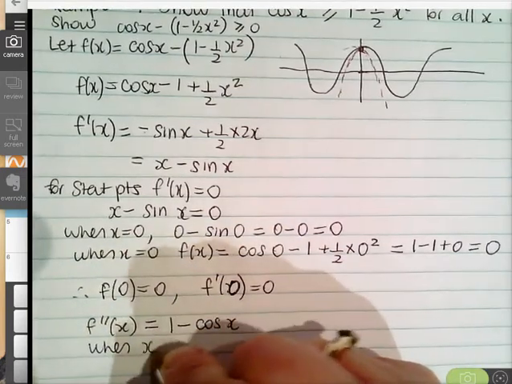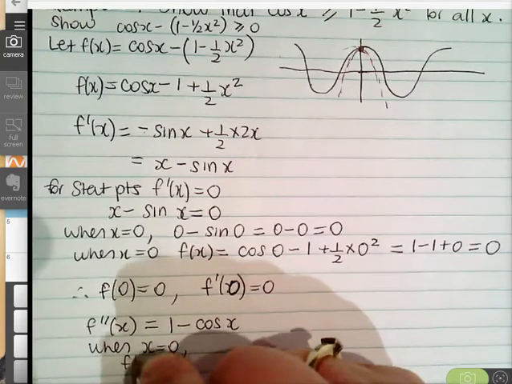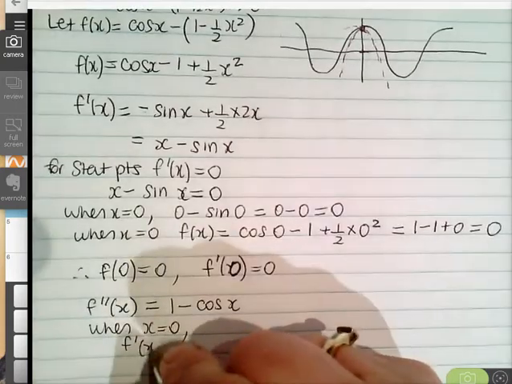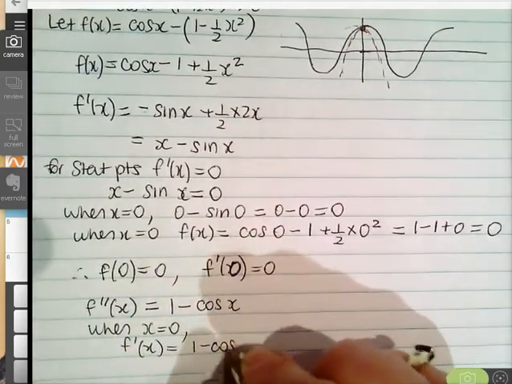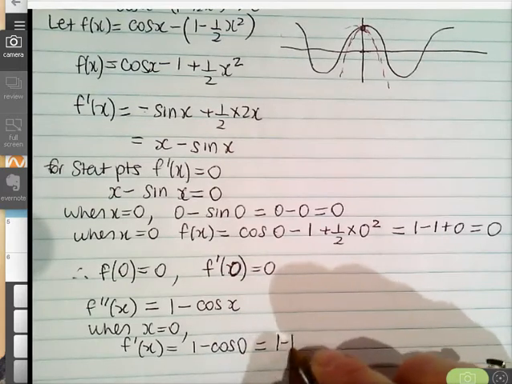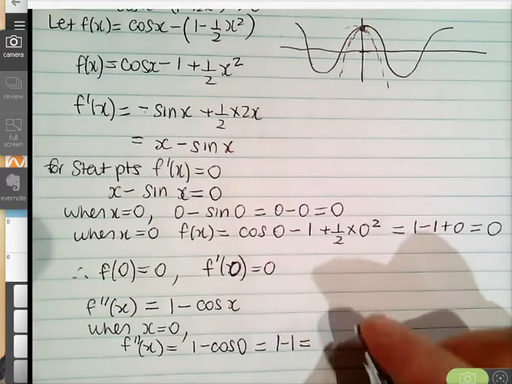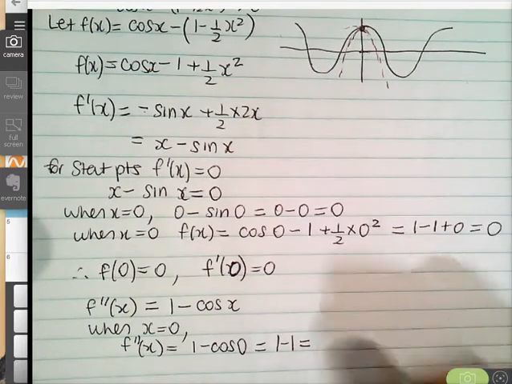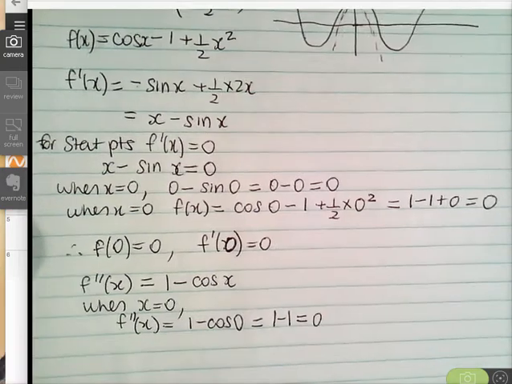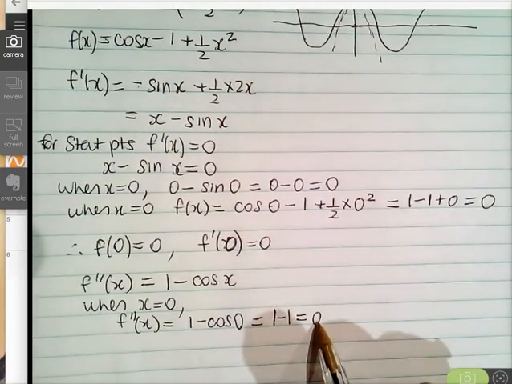And when x is 0, we get that our second derivative is 1 minus cos of 0, which is 1 minus 1. Sorry, our second derivative is, let's see. This isn't giving me enough information here.